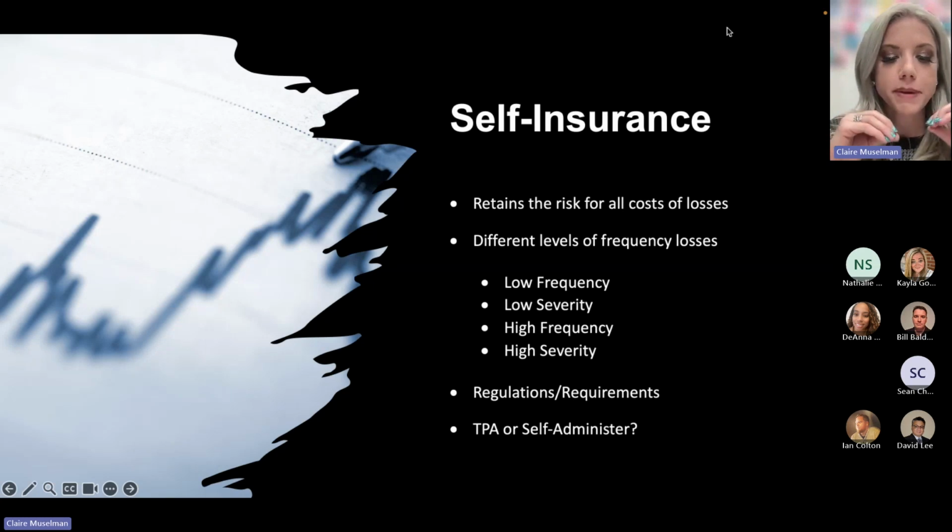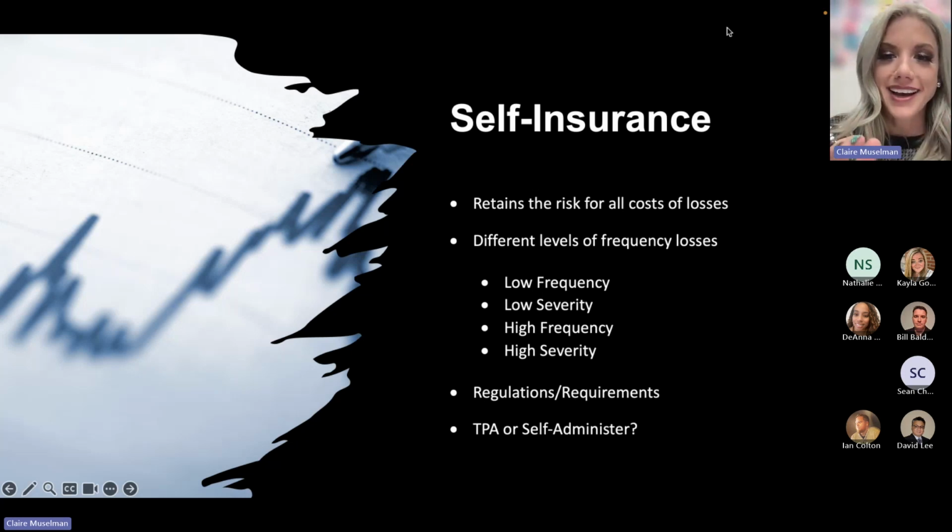The company is going to pay for everything that is associated with their claims. They keep internal records for their losses, and they will make a formal system to pay for them. That might be within their organization, or they will hire a third-party administrator to handle their claims for them.